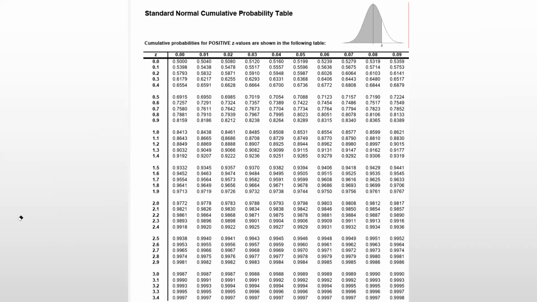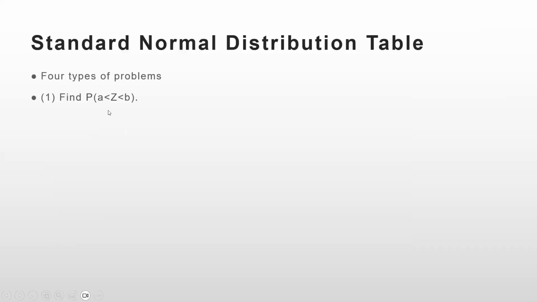So we have four types of problems. Find the probability for Z, this is one type. We did that.